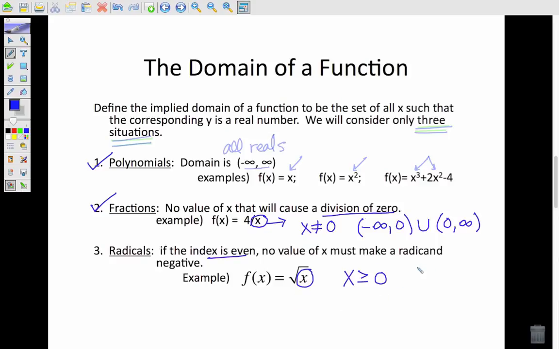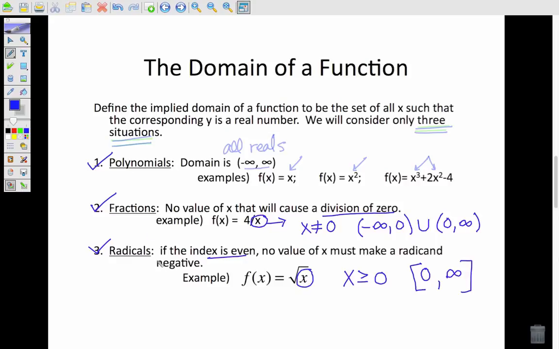So here's my new notation: greater than or equal to 0. Here's the symbol for equal to, so it can be 0. You use a bracket and then go to infinity. That's how we use some of the new notation.